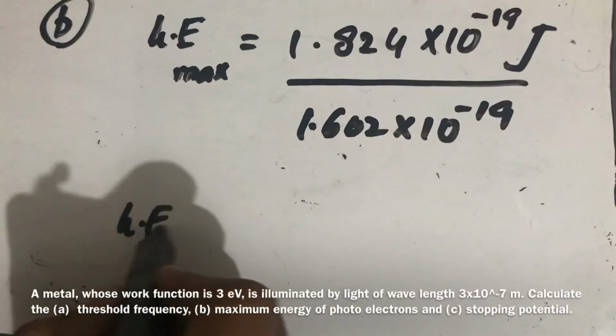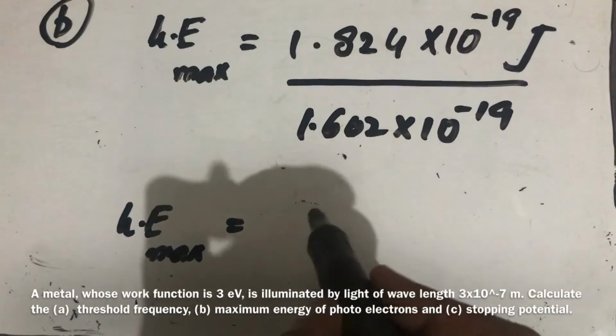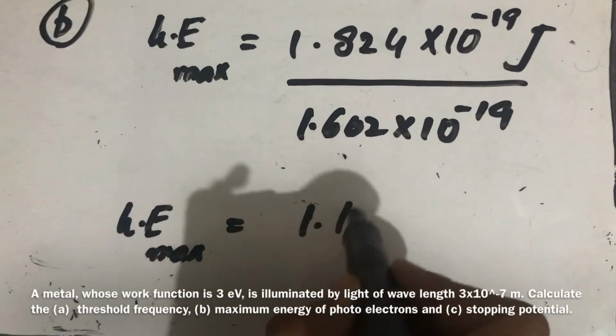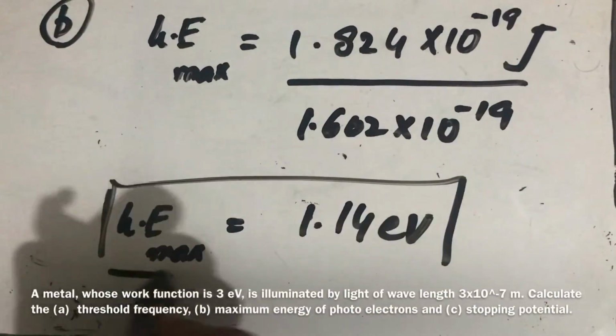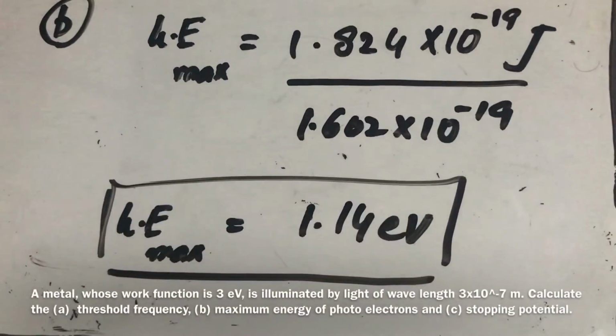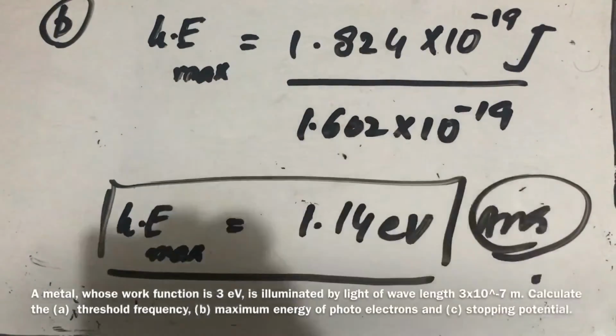So the maximum kinetic energy is equal to 1.14 electron volt. This is the kinetic energy of the photoelectrons, and this is our required answer for part B.